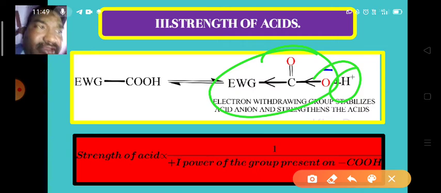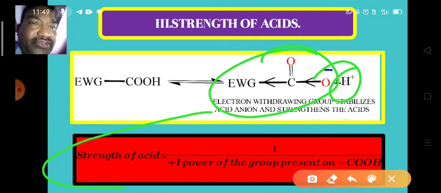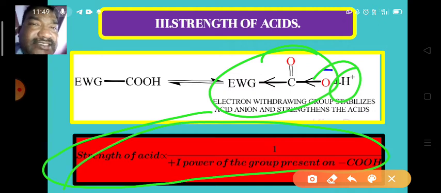Okay, so here we can write an equation like this. Strength of the acids is inversely proportional to the plus I power of the group present on the carboxylic acid.